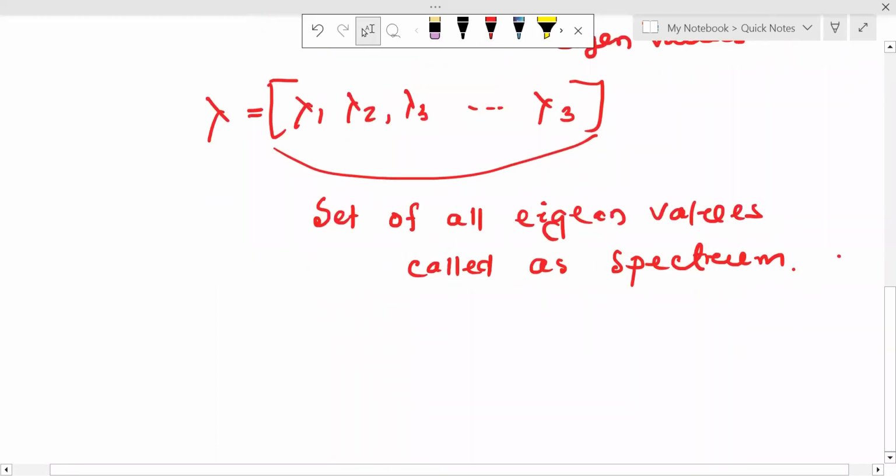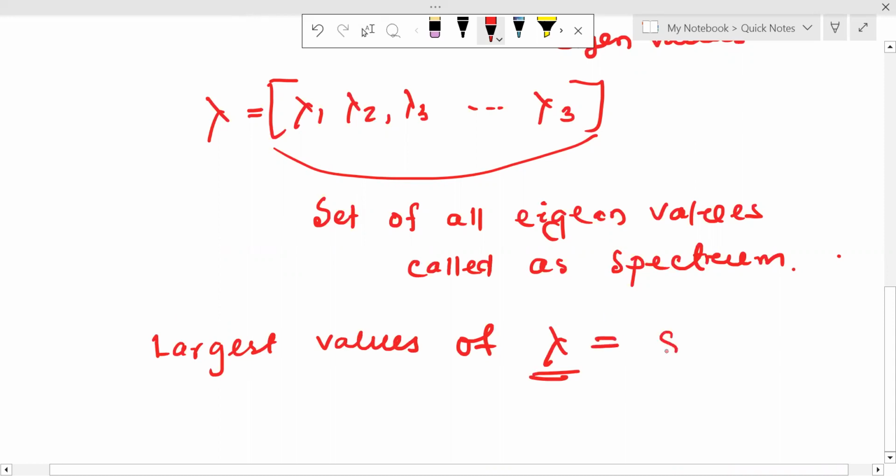And the greatest eigenvalue, the largest of the absolute values of the eigenvalues, is called the spectral radius.